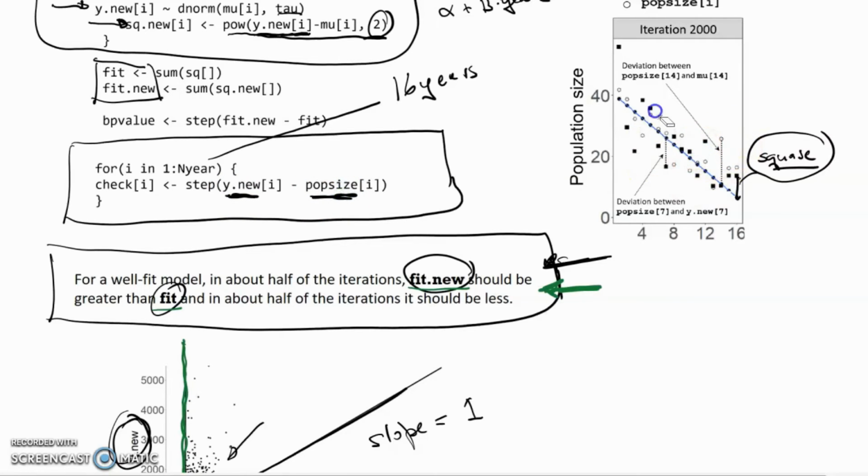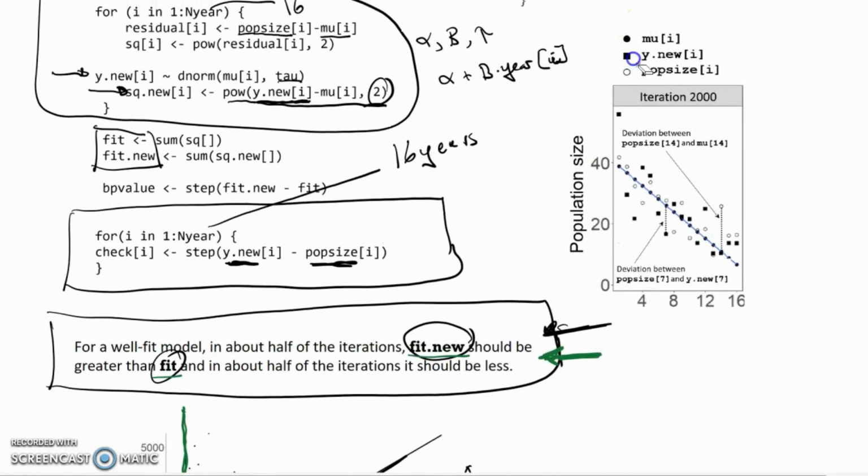So if we come back to our diagram here, what we're comparing is y new I with pop size. We can think about those as being, let's see, there's a difference there, there's a difference there, there's a difference there.